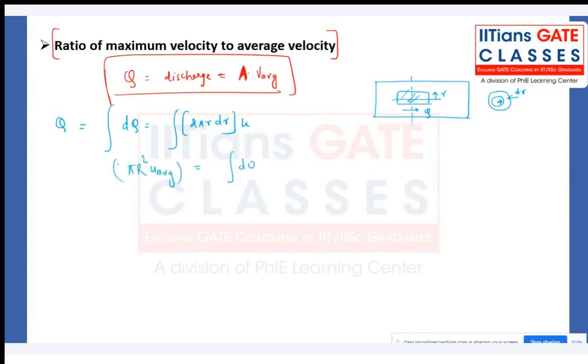That will be equal to the integral of 2 pi r dr from 0 to capital R, with u being minus 1 upon 4 mu, dou p by dou x, into (R square minus r square). Now do the integration and tell me what you are getting for total Q. So 2 pi you can take outside, divided by 4 mu.